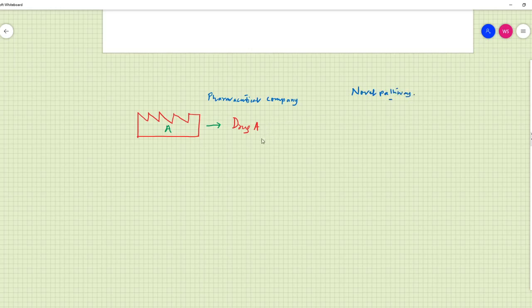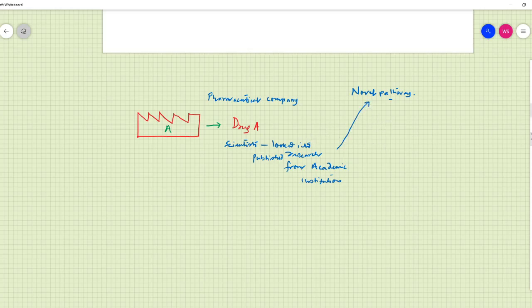Okay, maybe the scientists here, they looked into the literature, research from academic institutions. Let's say published research, okay, which talked about a novel pathway for a disease.